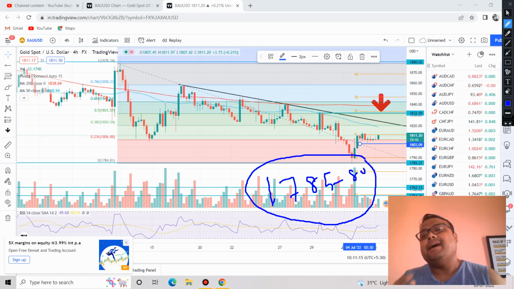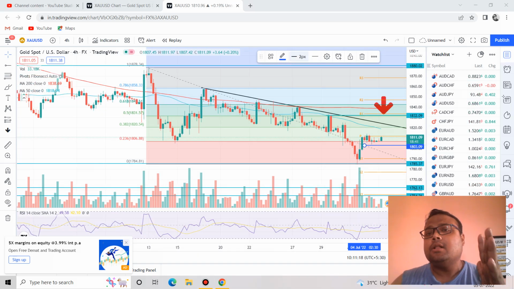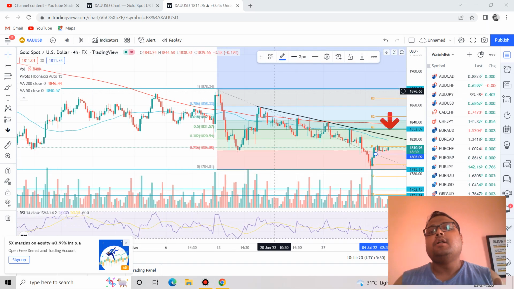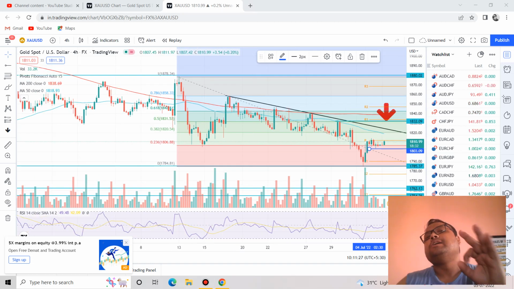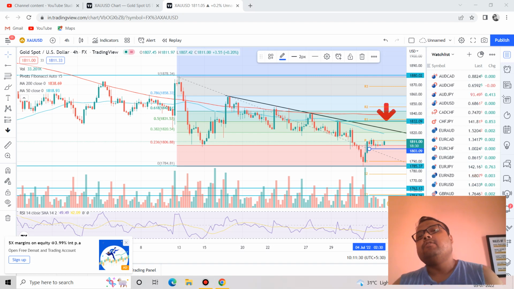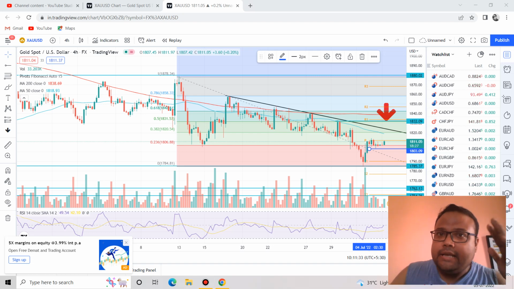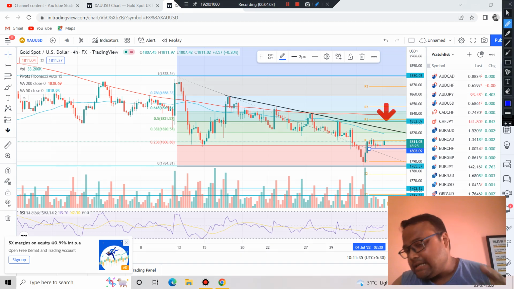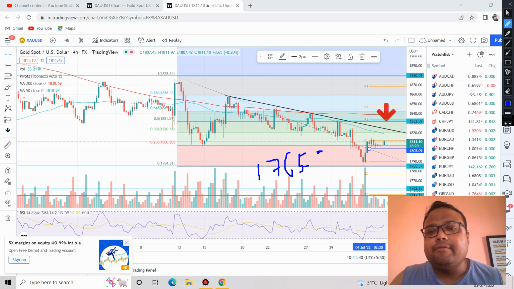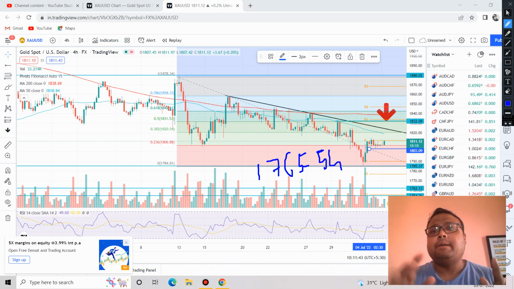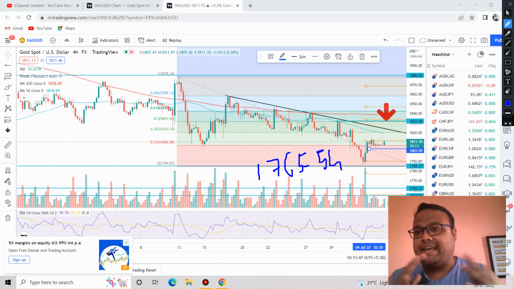But in case there is heavy selling in the market, because after all, you must understand that the overall chart of gold is not much positive, if the market breaks the 1780 level, you can go for a sell position as well, and your target will be 1765, because the next big support for gold is 1765 to 1754. I have already shown this in my previous video. I do not want to repeat the same stuff and bore you again and again.